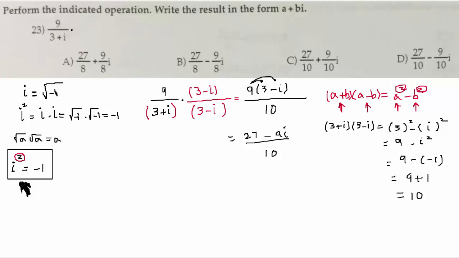So I can write it as 27 over 10 minus 9 over 10 i. So my a is 27 over 10, right there, and my b is 9 over 10. So what would be a correct choice here? A, B, C, or D? Looks like that is D.